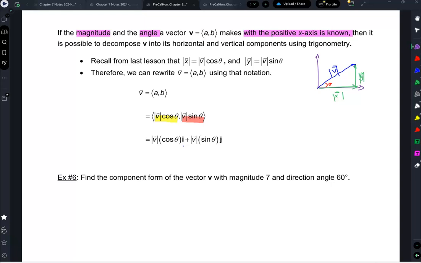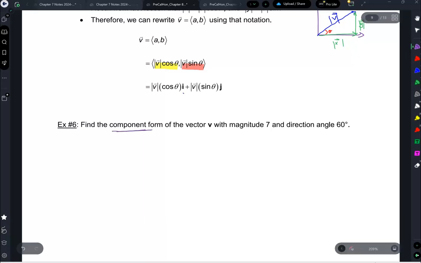So we want to find the component form of vector v with magnitude 7 and direction angle 60. So v is just 7 cosine 60, 7 sine 60.